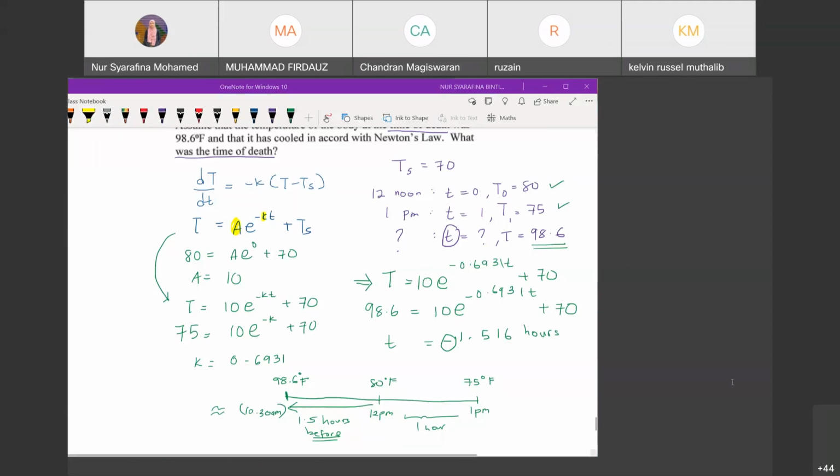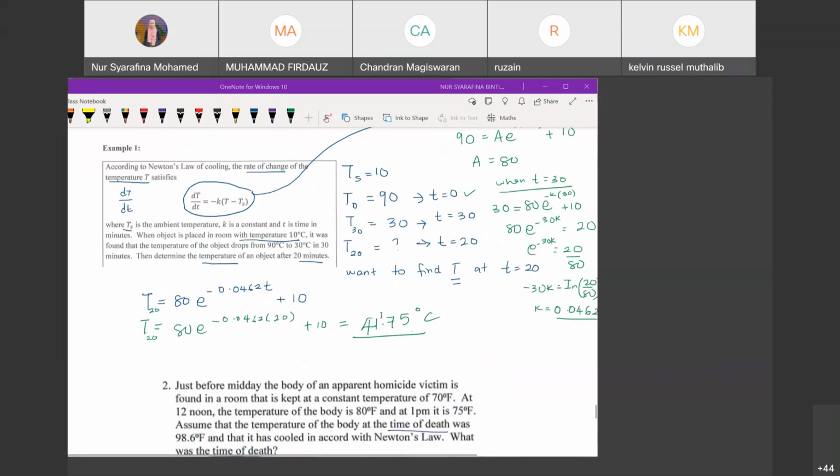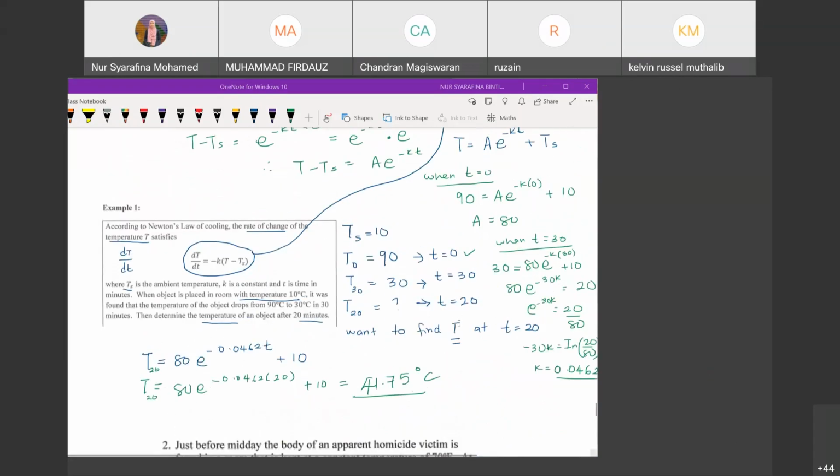So this is one application of differential equation where we apply it to Newton's law of cooling. By Newton's law of cooling, we can solve the temperature, time of death, and so on. As you can see from your notes, you can see the types of examples there.